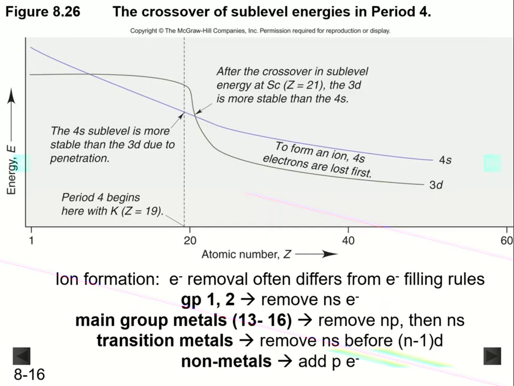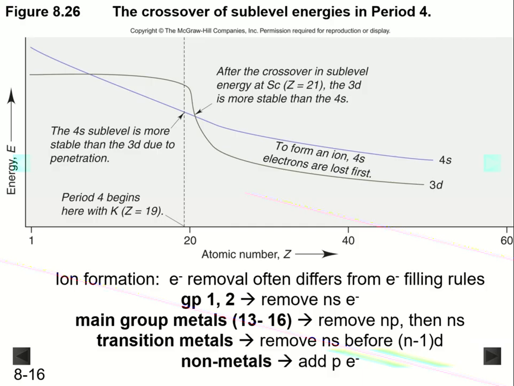And what we see here in this graph is an interesting effect. What we've got on the graph is energy on the y-axis and atomic number on the x-axis. The energy is the energy of the various electronic states in the system.